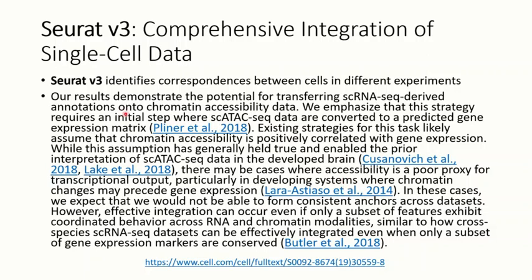I think from Seurat version 3, they started to have the capacity to deal with single-cell ATAC-seq. In my toolbox, I don't have the ability to play with both.